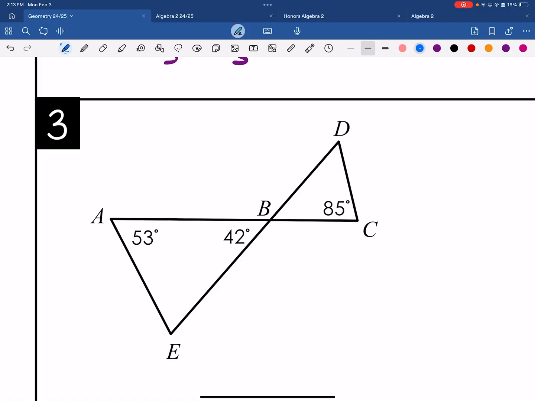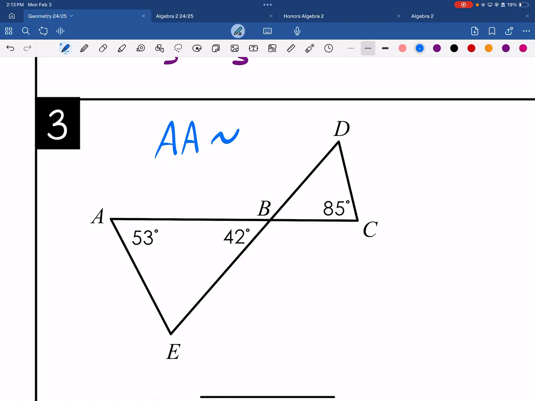Which one are we thinking? Side, side, side, side angle side, or angle angle? Do you know any of the sides? No. You don't know any of the sides, so the only choice we have is angle, angle similarity.